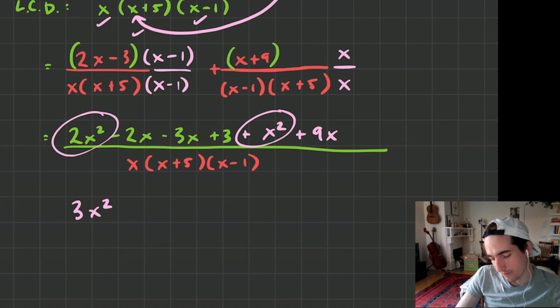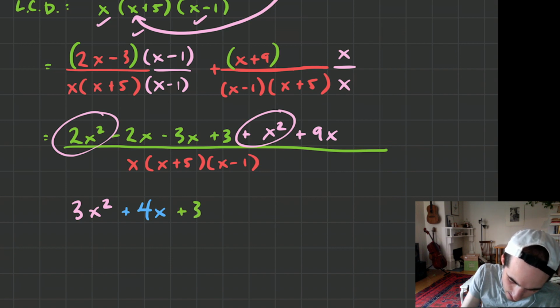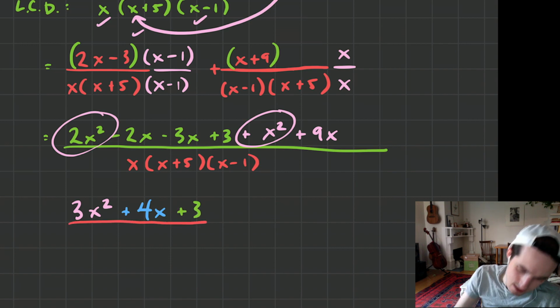Negative 5x plus 9x is 4x, so plus 4x. And let's do green for the constants, which is just plus 3. And red will be the denominator. So the denominator is x times (x plus 5) times (x minus 1).